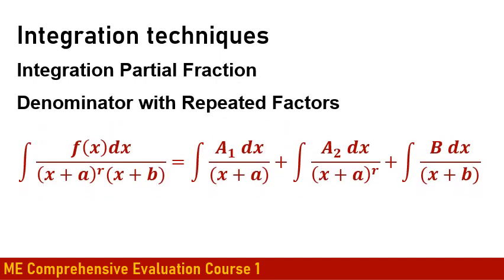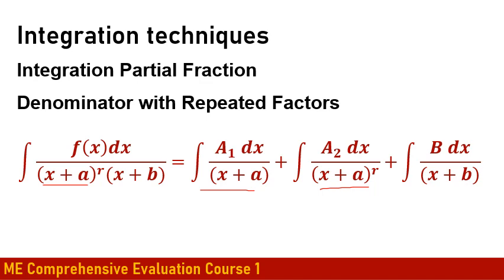A denominator with repeated factors will become like this. So first, for the repeating part, which is x plus a to the power of r, we will write that in the form of a sub 1 over x plus a, plus a sub 2 over x plus a squared, and so on until we obtain the power r.